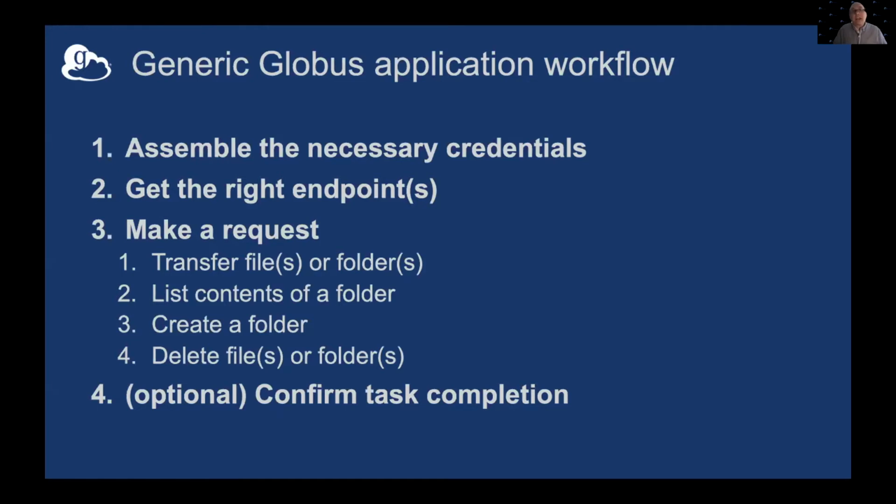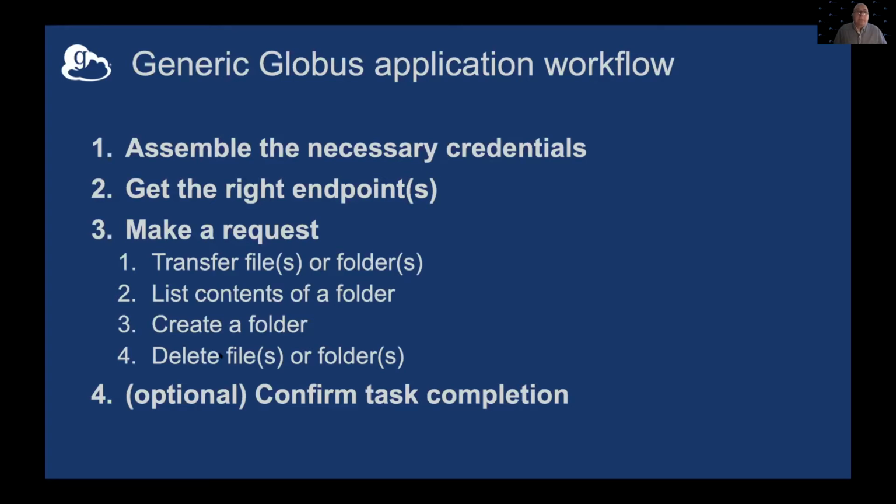And so you need to get those for the endpoints that are involved in this user's activity. And then you just need to make the request. The request might be to transfer files or folders. It might be to list the contents of a folder if you need to see what's there before you transfer something to it, or before you transfer something from it, maybe. To create a new folder, or to delete files or folders. So any of those are things that you might do.